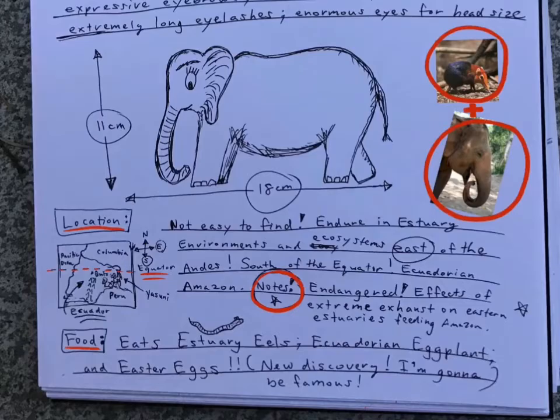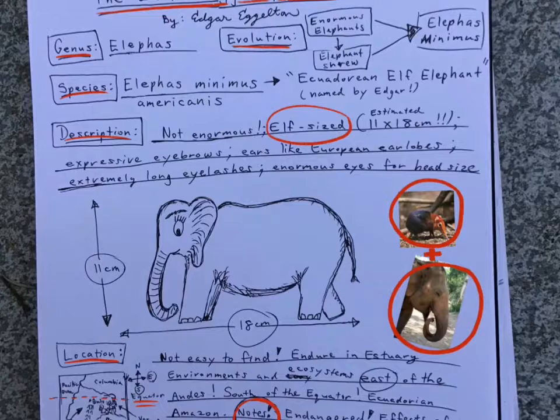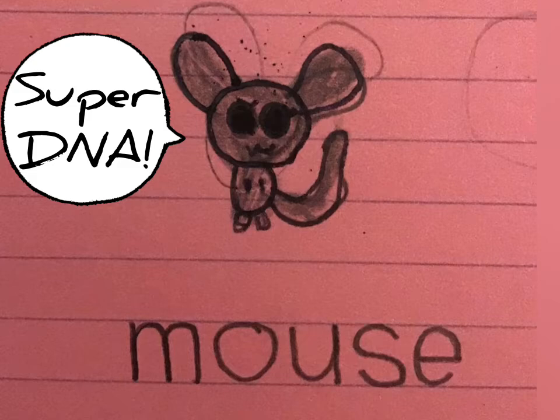Earlier, everyone had always examined the environment for enormous elephants, but had anyone ever expected an elf elephant? No, they hadn't. It is already established that elves are extremely small, but did you know that elephants have DNA similar to, but not exactly the same as mice?